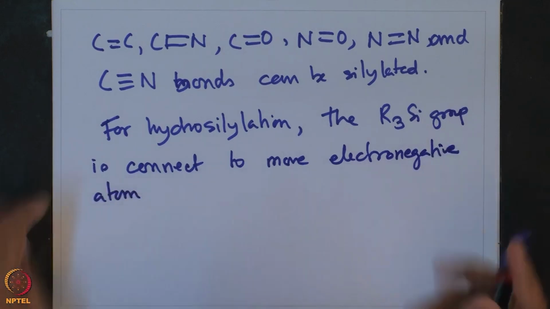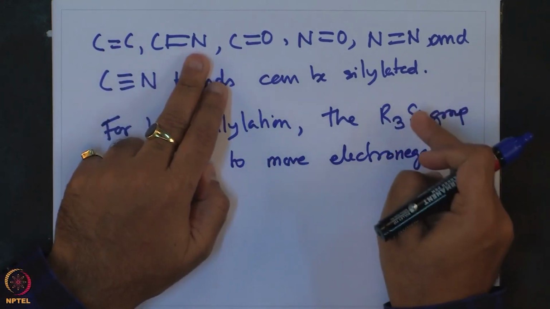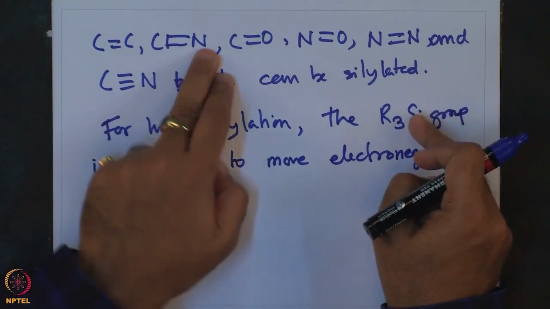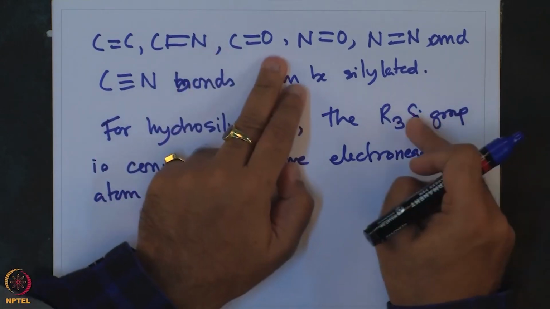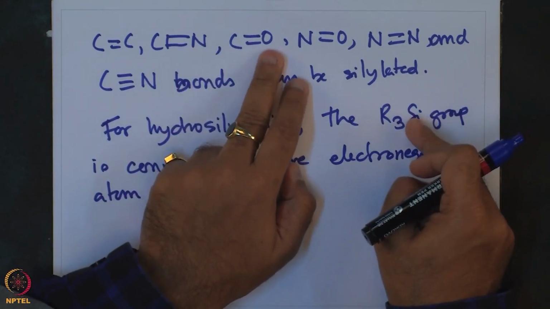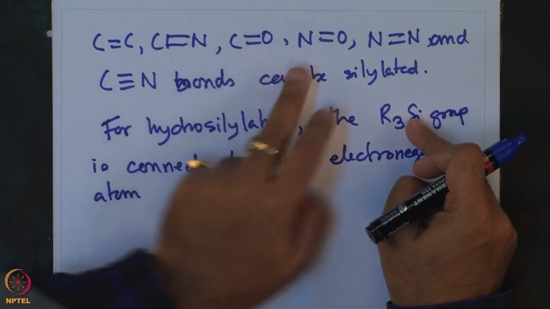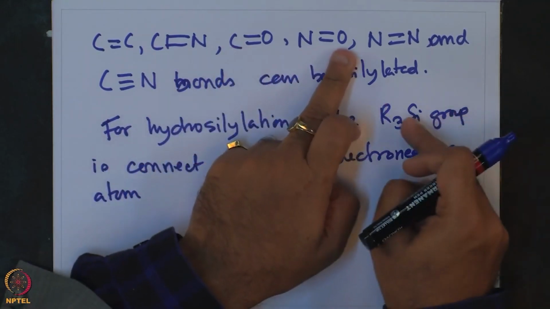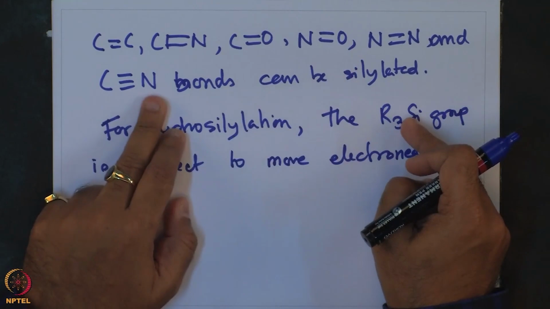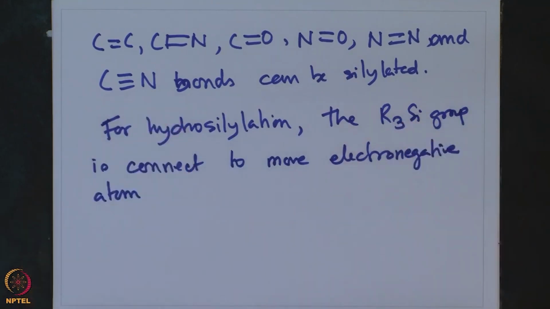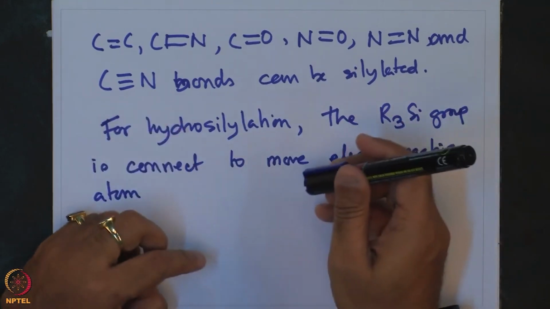So, in this case, for C=N, the R3Si would be on nitrogen. For C=O, the R3Si would be on oxygen, and the hydrogen will be on carbon. Same over here: for N=O, R3Si will be on nitrogen, and for C≡N, R3Si will be on nitrogen. So, this is an interesting observation.